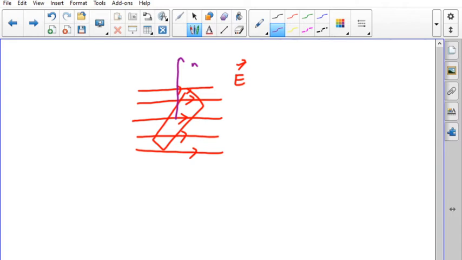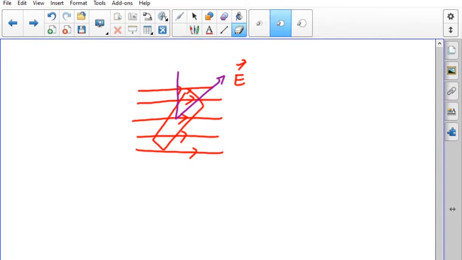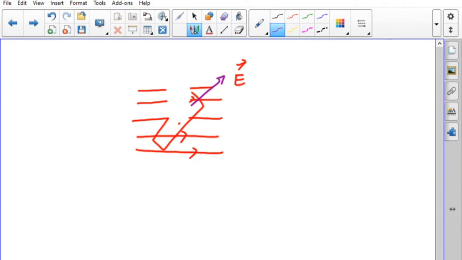As the area is inclined, the angle between E and n cap is theta.